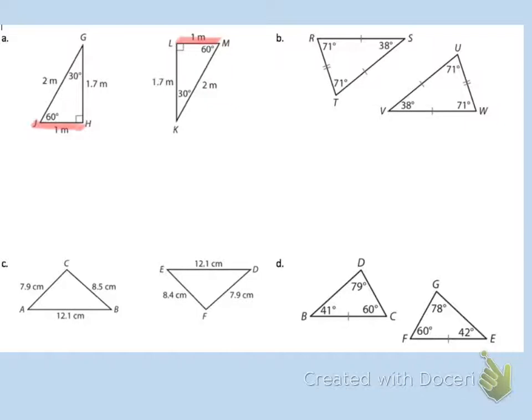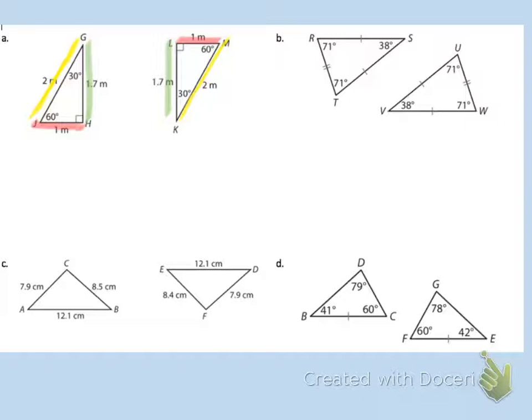This side is 2 meters, and over here, this side is 2 meters. So it looks like GJ and KM are congruent. And then the third pair of sides, let's go green here. They're both 1.7. And so we know that all 3 pairs of sides are congruent.